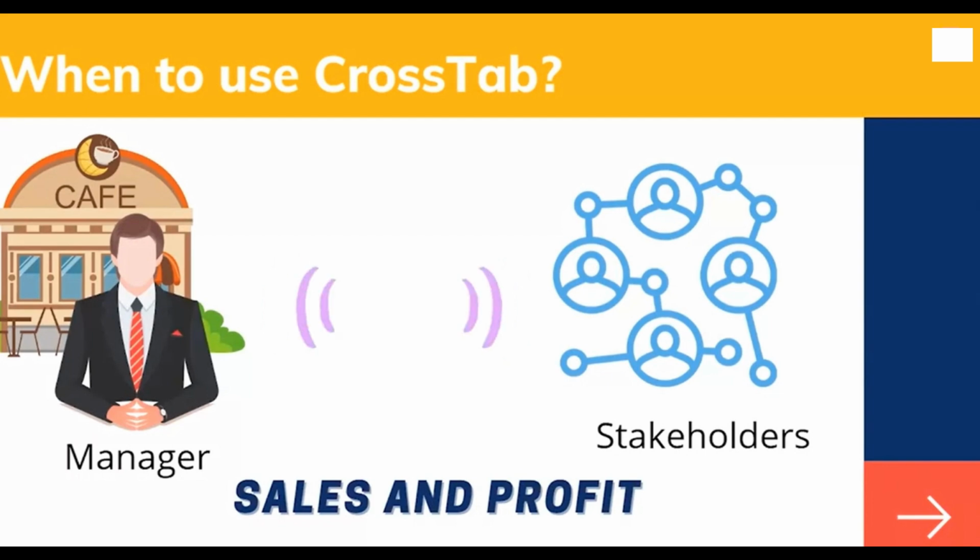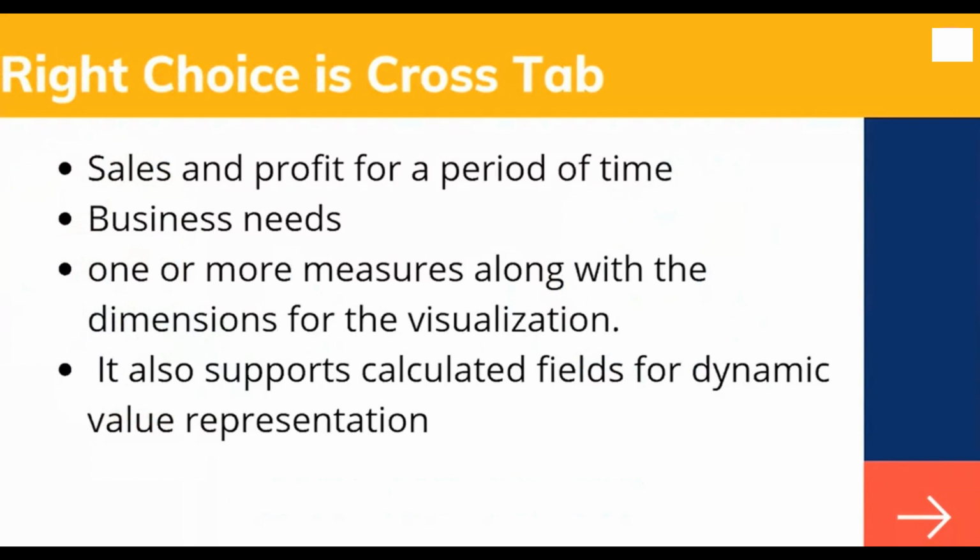So when you have situations or scenarios like this, the best data visualization chart that you can adopt is a crosstab chart. This is the simplest example that I could give you to make you understand when exactly you need to make use of the crosstab chart, and mostly it is going to be useful for business needs.